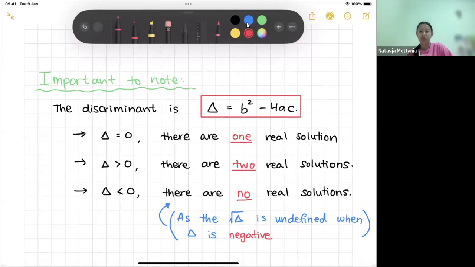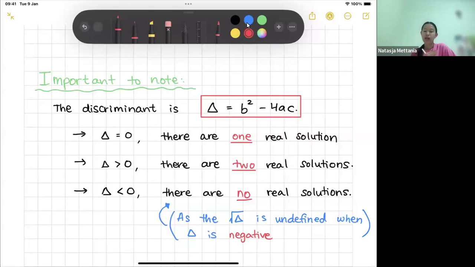If the discriminant is greater than 0, x can equal two different numbers, so two real solutions. If the discriminant is less than 0, so it gives me a negative number, there are no real solutions, so 0 solutions.